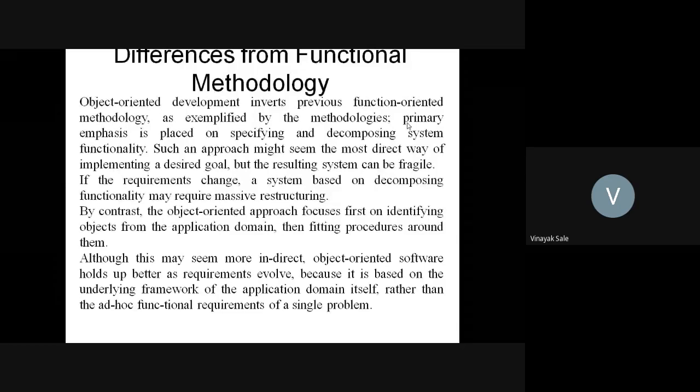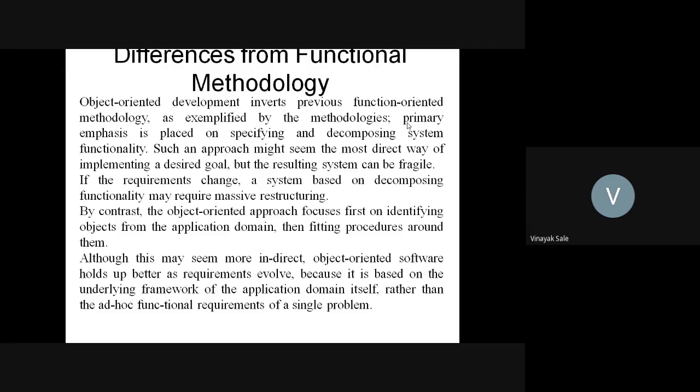Such an approach might seem the most direct way of implementing a desired goal, but the resulting system can be fragile. If the requirements change, a system based on decomposing functionality may require massive restructuring.